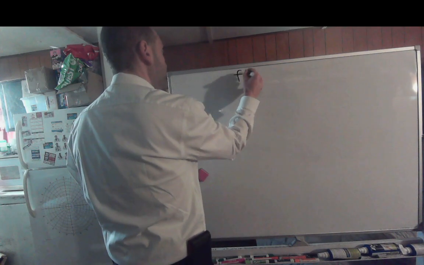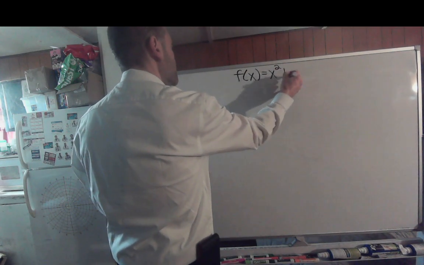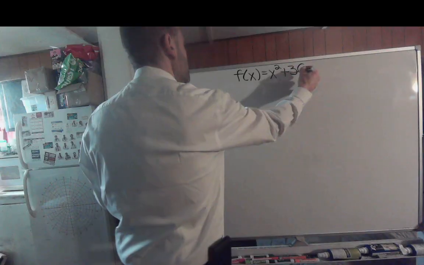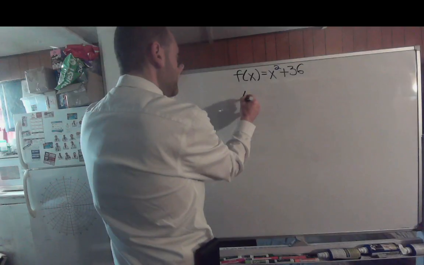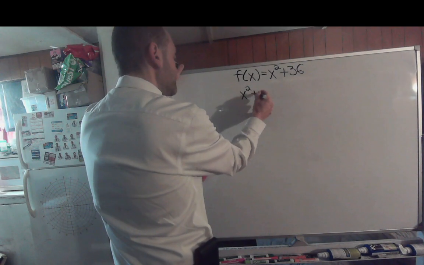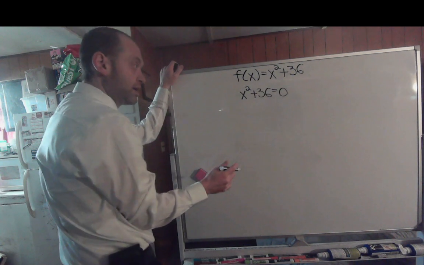Going to have a similar one here. So let's say we have f of x equals x squared plus 36. Well, set that x squared plus 36 equal to 0. You have another sum of two squares.